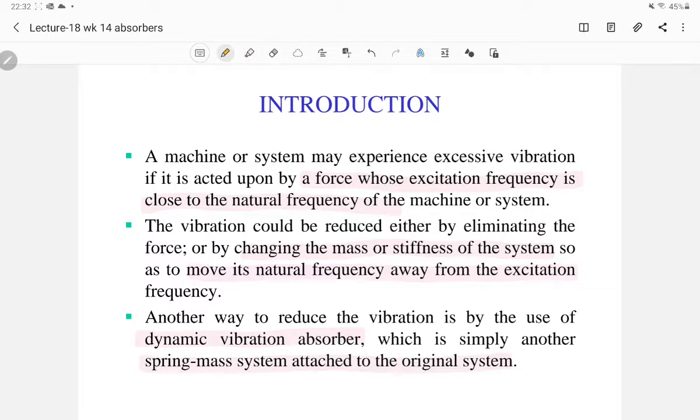However, when we apply a dynamic vibration absorber, you attach an additional system, so you are going to deal with a 2 degree of freedom system. That's the main difference between the absorber and the isolator.